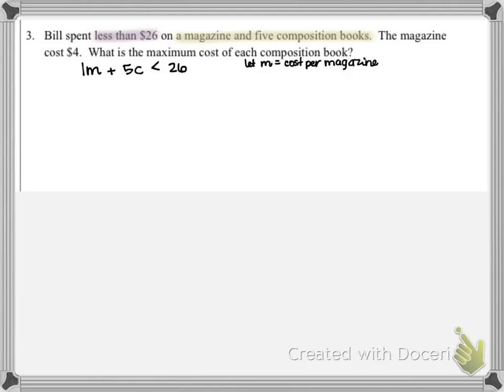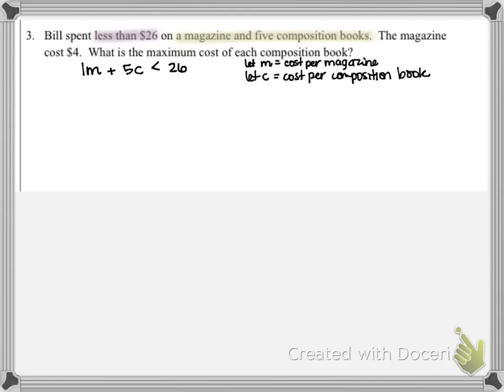So this is cost per magazine. And then we're going to let B equal the cost per composition book. I'm jumping all over the place with my variables here. So let's do C, just like I did with my equation. So cost per composition book.